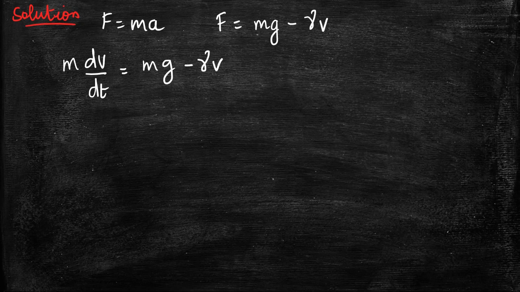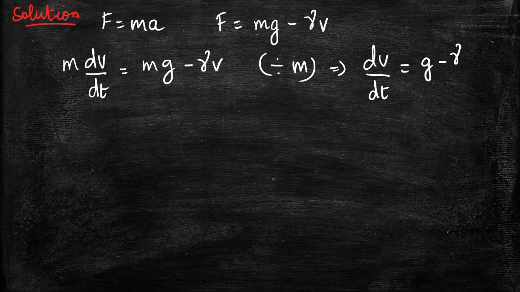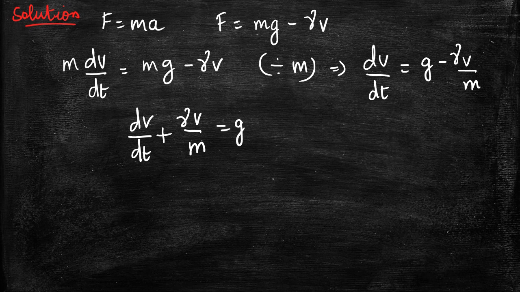Okay. So now divide the equation by m. So you will get dv by dt is equal to g minus gamma v by m. Sorry, this is plus, equal to g.